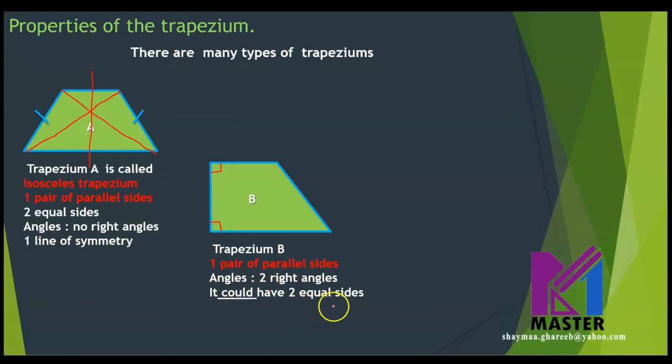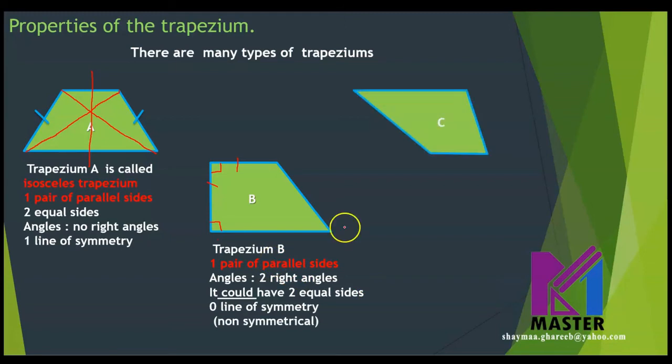It could have two equal sides, and it has zero lines of symmetry. The two equal sides could be the sides of any of the right angles. It could be this side and this side, or this side and this side. Okay? And it's a non-symmetrical shape because it has no lines of symmetry.